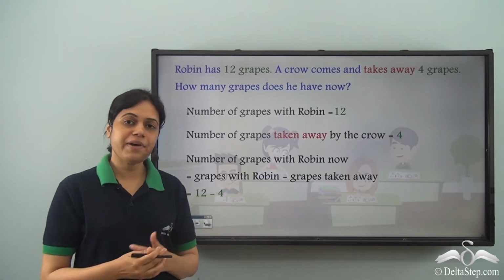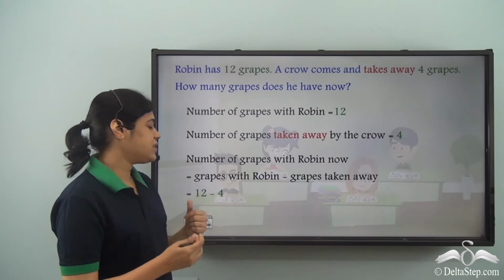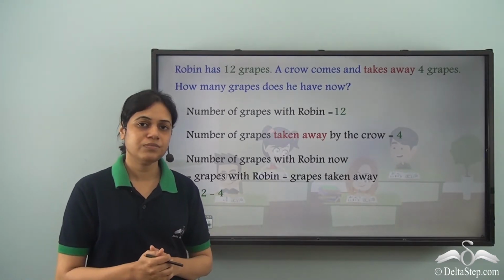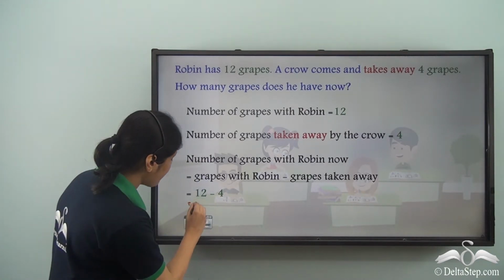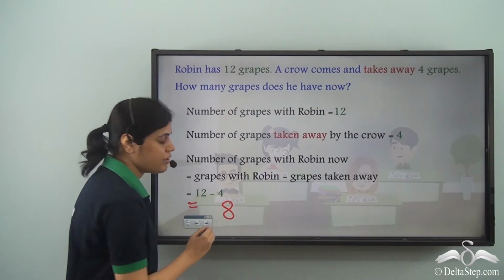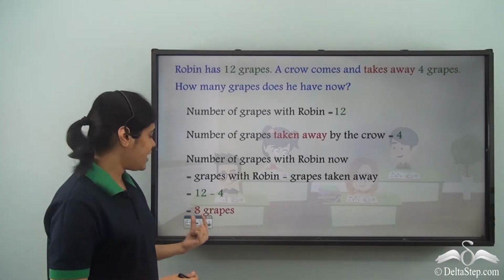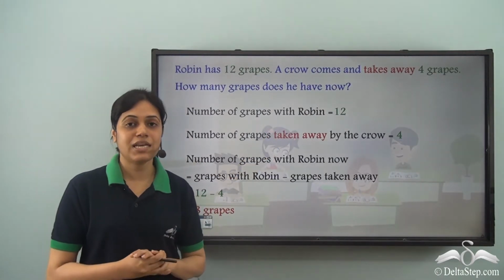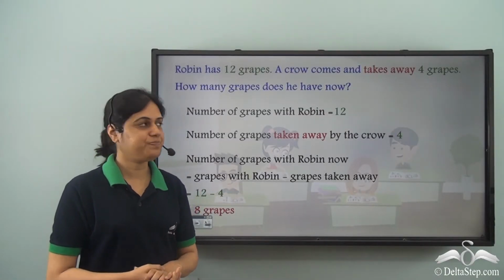And what is 12 minus 4? Now since you know subtraction, you should be able to tell me what is 12 minus 4. So find out. If your answer is 8, then you have actually helped Robin solve his problem. So Robin still has 8 grapes left with him even after the crow has taken away 4 grapes. So this is how we have helped Robin solve his problem.